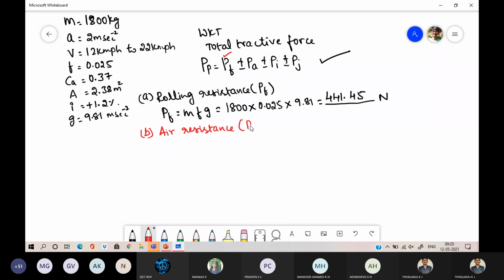PA. What is the formula for air resistance? PA is equal to C A V square.